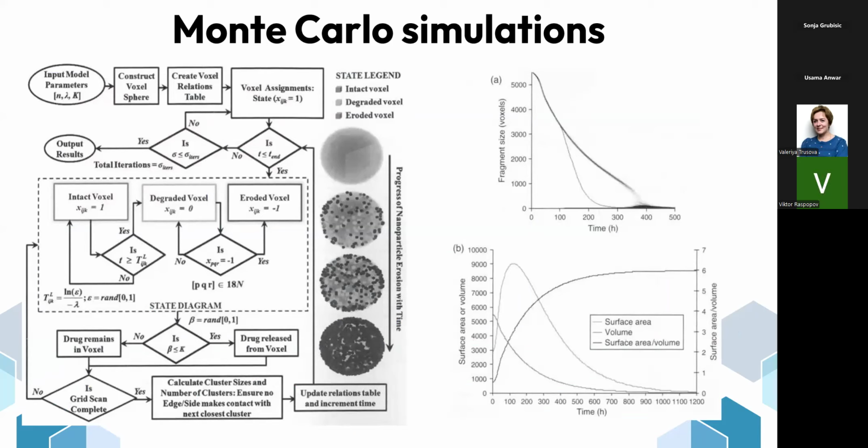For example, Monte Carlo simulations were used to model the release of doxorubicin from protein nanoparticles of different size and composition. The authors represented nanoparticles as discrete voxels and simulated polymer degradation and drug diffusion, and the results that they obtained very accurately predict multi-phase drug release.